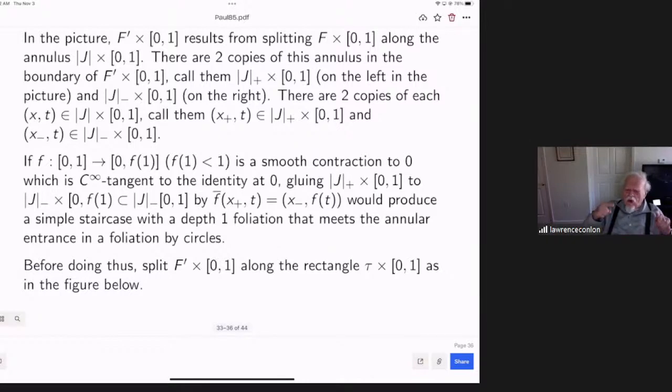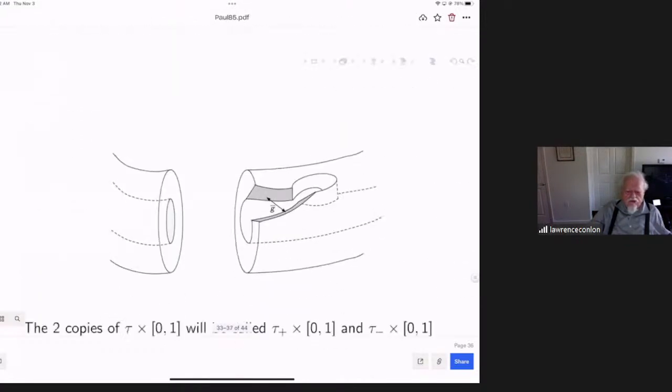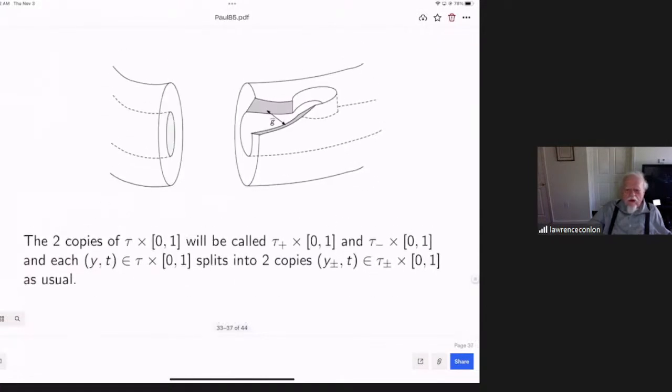So before re-gluing with F bar, we're going to split F prime cross 0, 1 along that grayed rectangle. In the next figure, I've cut it apart along there. And I'm going to glue one copy of the rectangle to the other by diffeomorphism G bar.